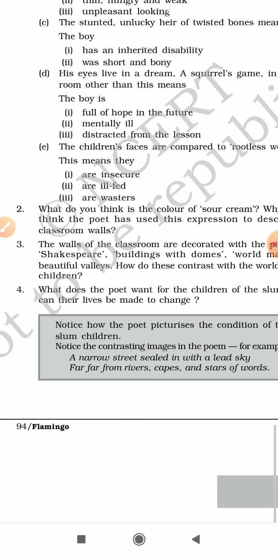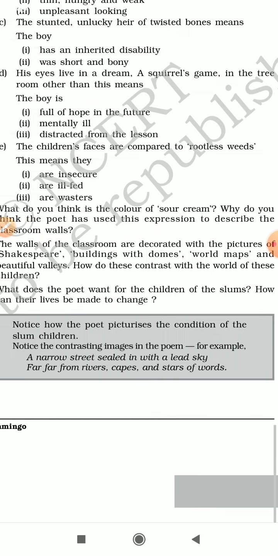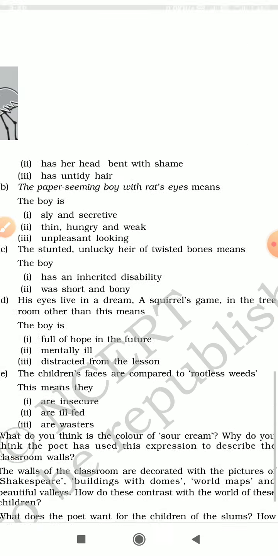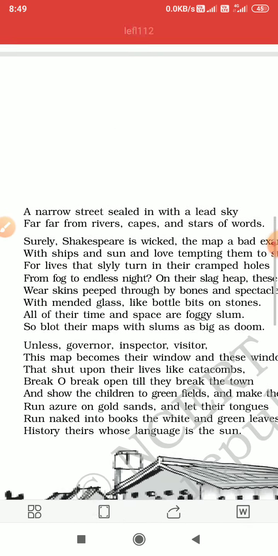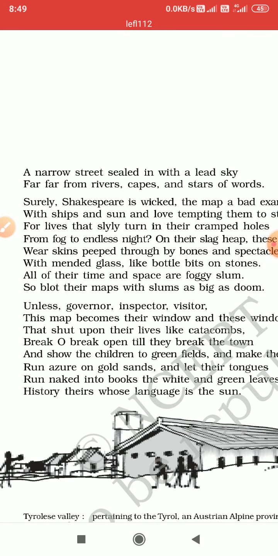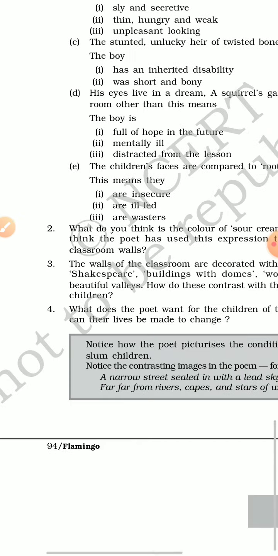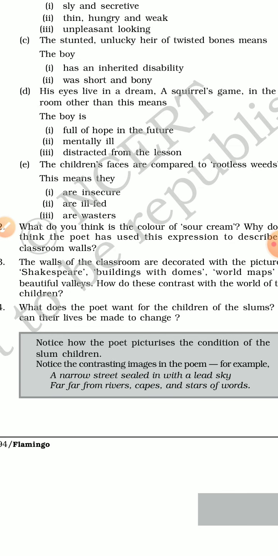Come to the next question. What does the poet want for the children of the slums? The poet wants that the governor, inspectors and visitors should come forward and help them. That's what the poet wants. And how can their lives be made to change?